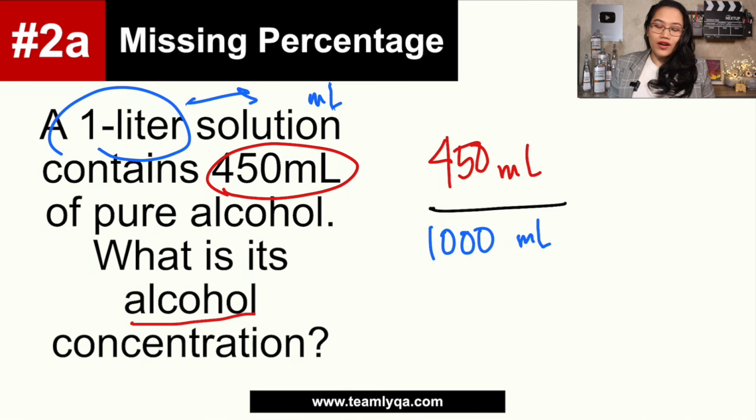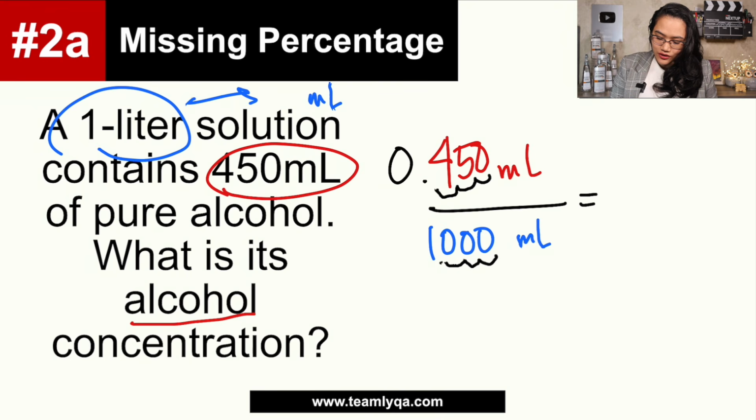And so to find kung ano yung percentage nito, all I have to do is to divide 450 by 1,000. Na kung gagawin natin yon, and again, this is very simple kasi zeros naman yung nasa ilalim ng denominator, pwede na lang nating iurong yung decimal place nung nasa taas ng 3 beses. Kasi 1, 2, 3 para maging 1. Sa taas, 1, 2, 3. So, ibig sabihin nun, ang lalabas na percentage dito is 0.45.